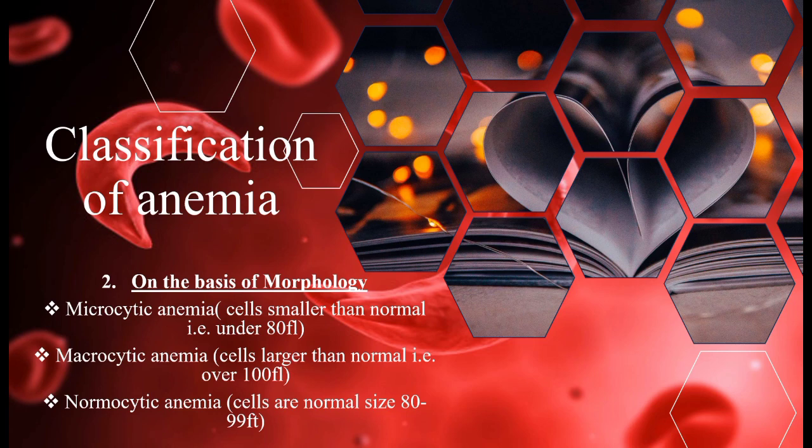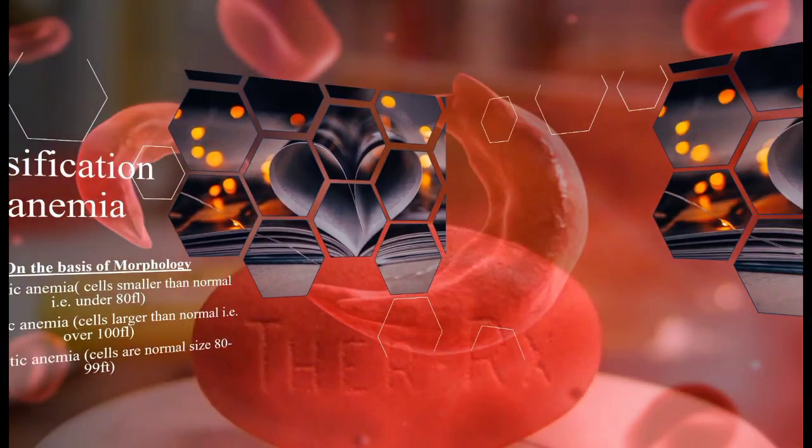It could be normocytic anemia, where you have normal red blood cell size ranging from 80 to 99 femtoliters, but you either have an acute loss, let me say you've had an injury, or you are having prolonged menstrual periods, or you are having acute chronic PUD.